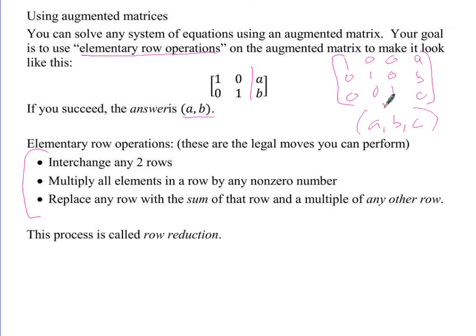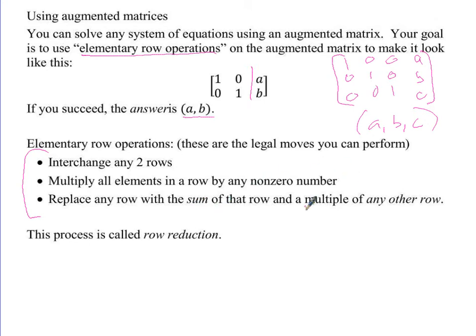That's the first rule. The second rule is I can multiply all the elements in a row by any number I want, as long as it's not 0. Generally, we don't multiply everything by 0. That just makes everything disappear, and then what's the point? So you can multiply any row times any number you want at any point, as long as it's not 0. The third one is sort of an extension of the second one.